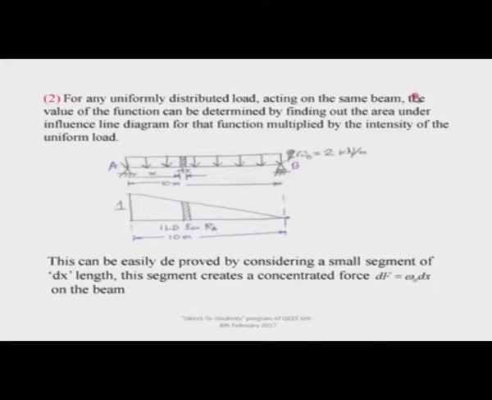Next, for any uniformly distributed load acting on the same beam, the value of the function can be determined by finding the area under the influence line diagram for that function multiplied by the intensity of the uniformly distributed load. This is also apparent for us. I can say that the uniformly distributed load basically consists of point loads at different locations.